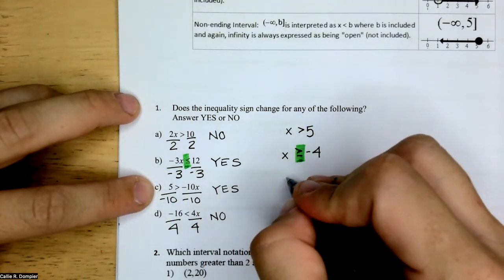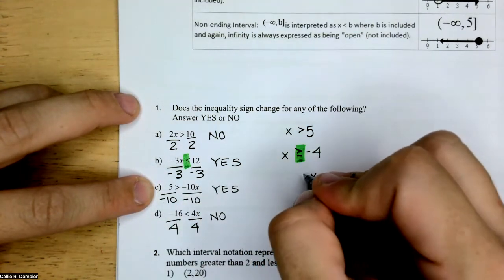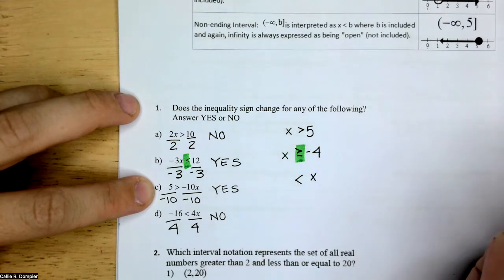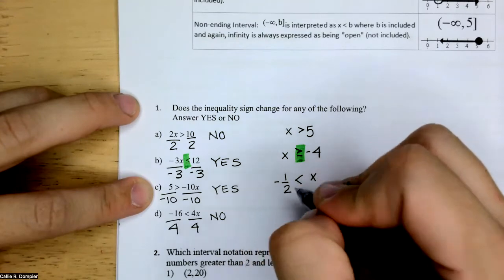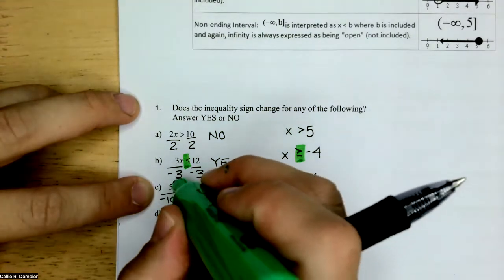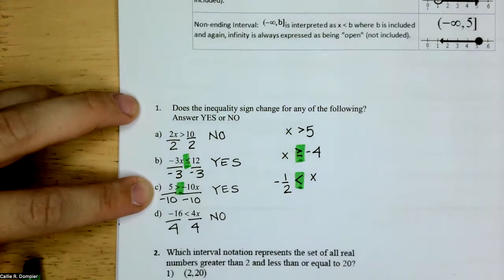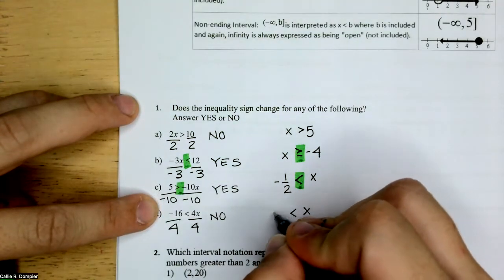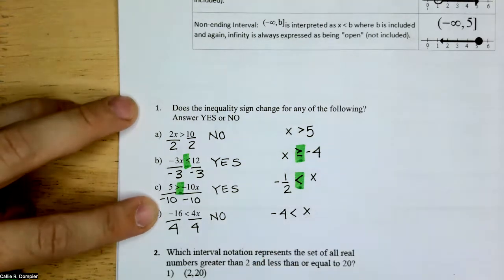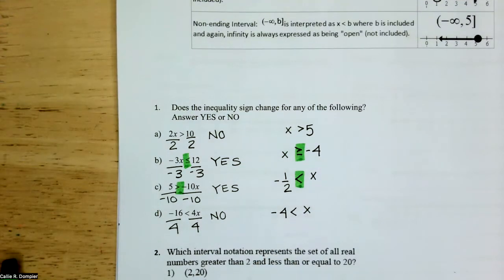Here it's going to be x is greater than -1/2 because we had to change the sign. We divided by a -10. And then here it's just going to remain x is greater than -4. We change the sign when you multiply or divide by a negative number.